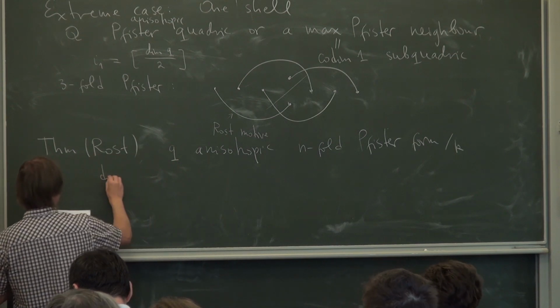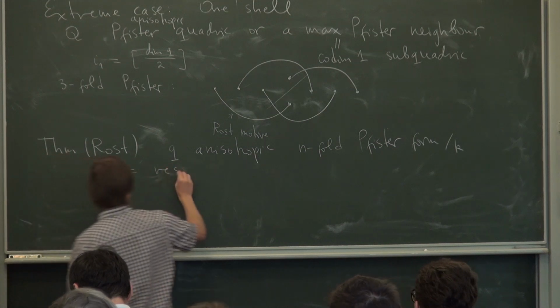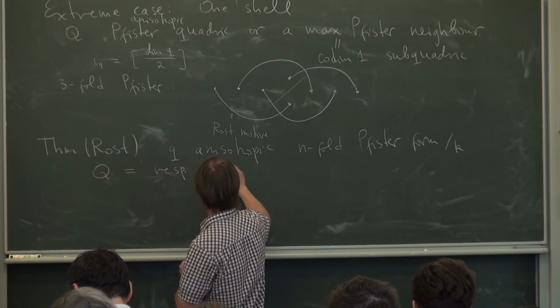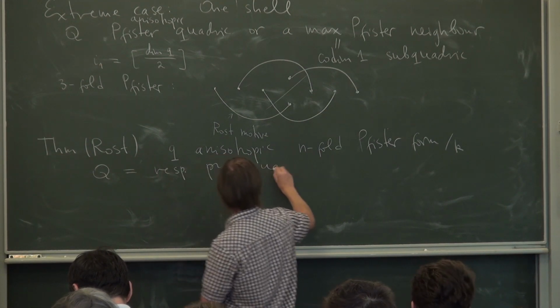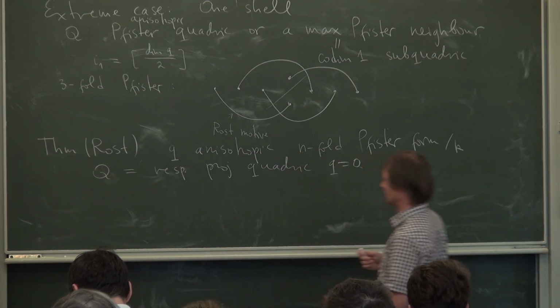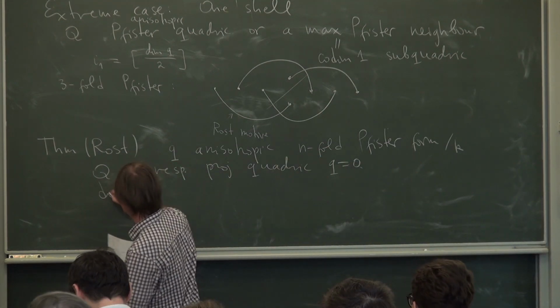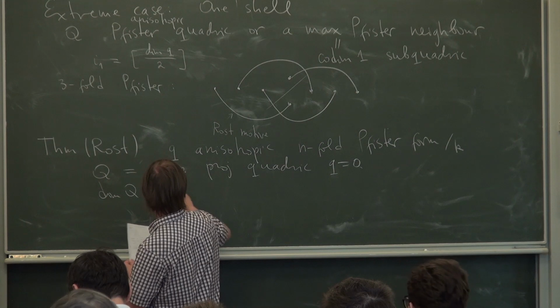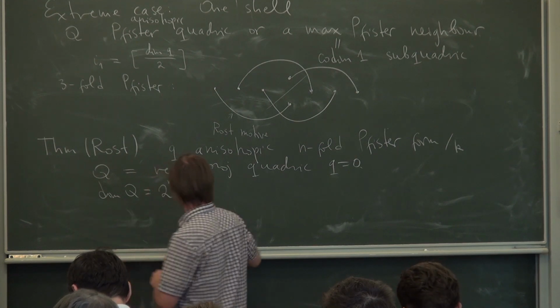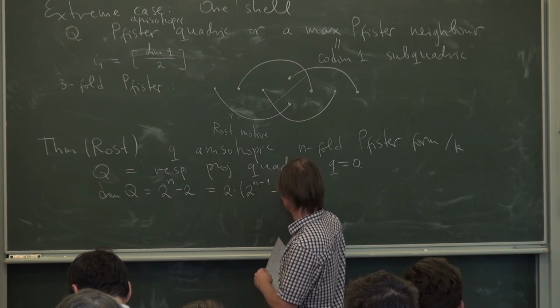So Q is the respective projective quadric given by the equation q equals 0. So then the dimension of Q is 2^n minus 2, which can be written as 2 times (2^(n-1) minus 1).